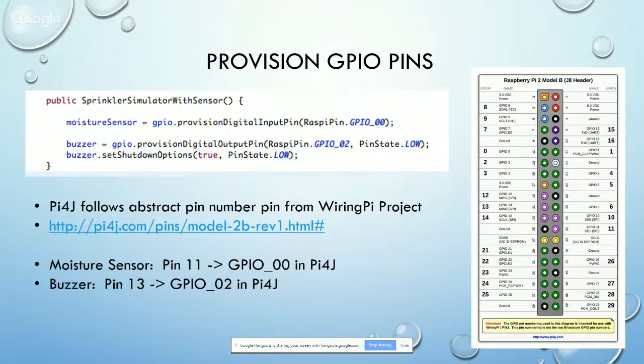So this is an abstract numbering. If you look at the Wiring Pi project and how it maps to the Raspberry Pi pin convention, you'll see that pin 11 is referred to as GPIO 0 in Pi4j, and pin 13 is referred to as GPIO 2 in Pi4j. This is why the pin numbering is set up like this in the code.